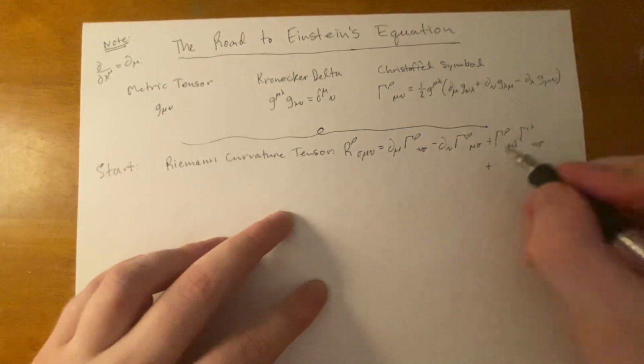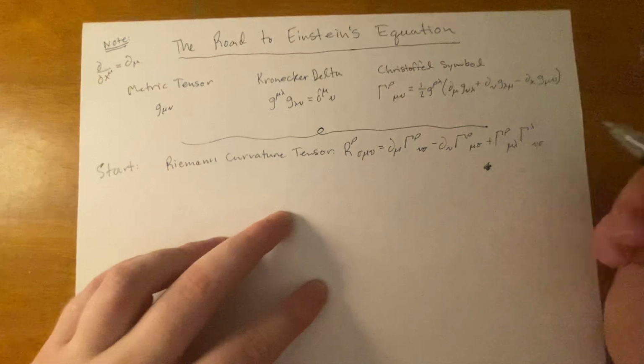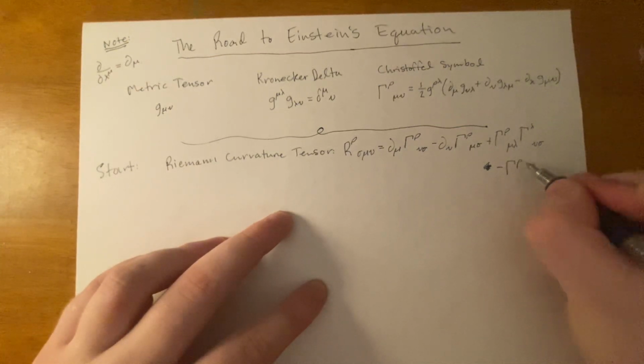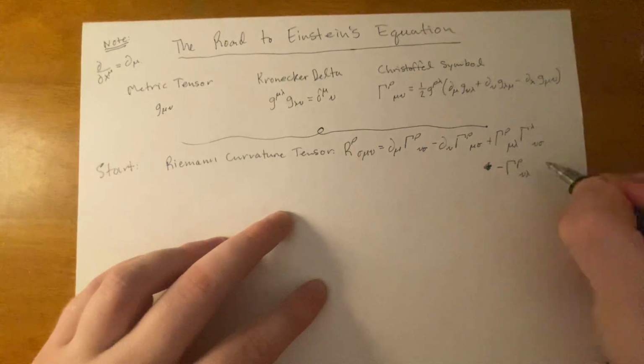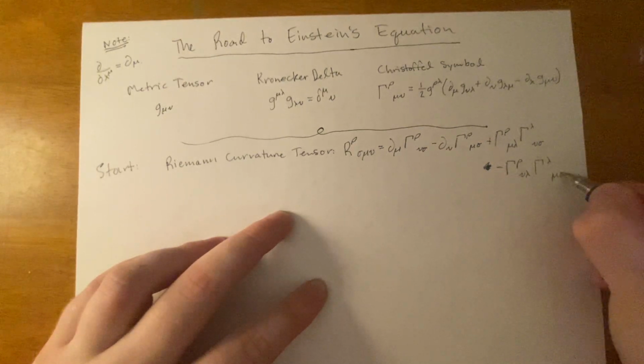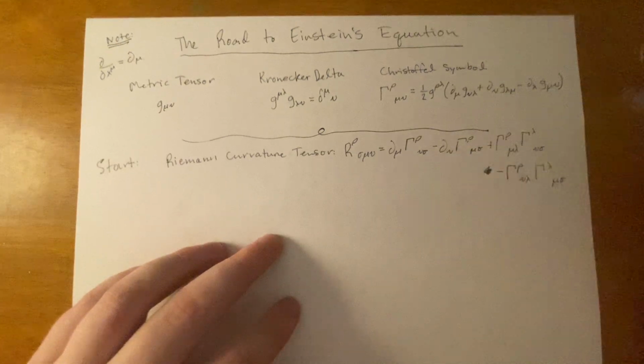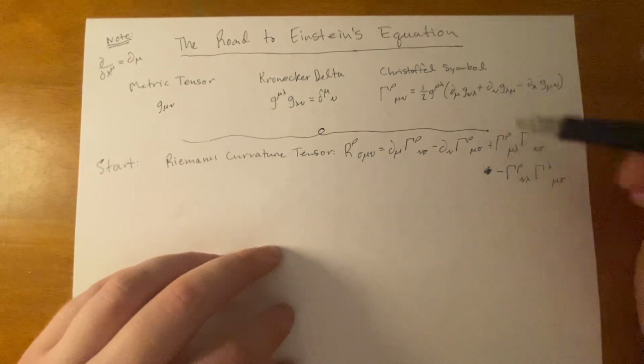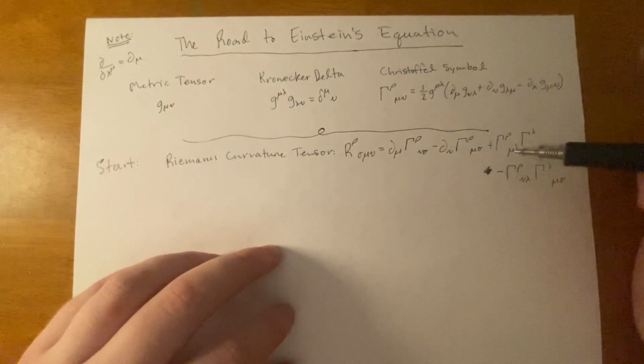See, I even ran out of space. Whoa! No, no, no. Minus. Okay, so that's the Riemann curvature tensor. Big old mess. You're probably not going to want to compute this by hand.